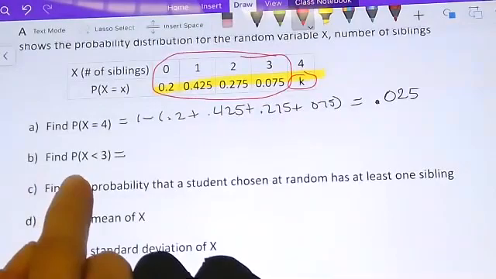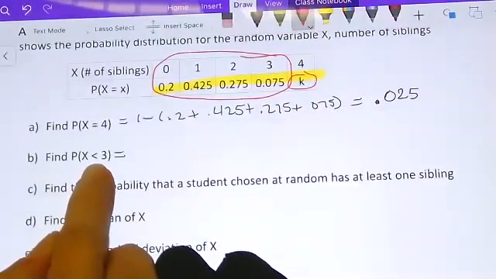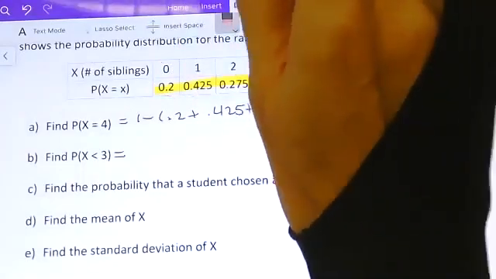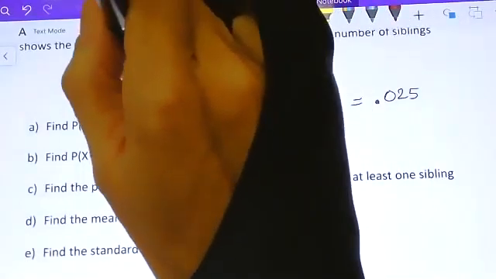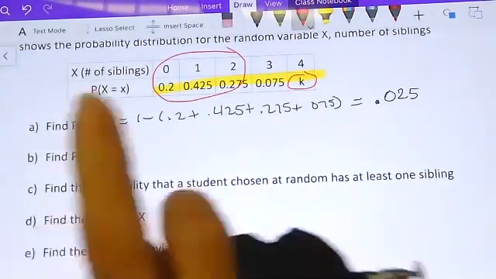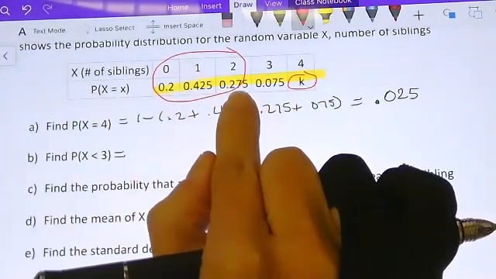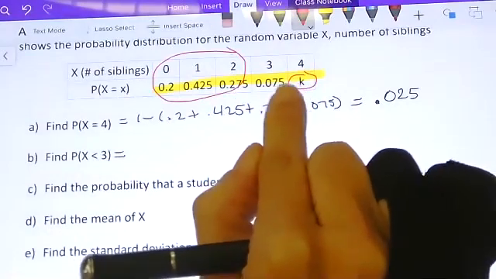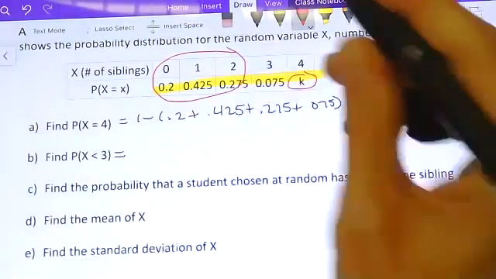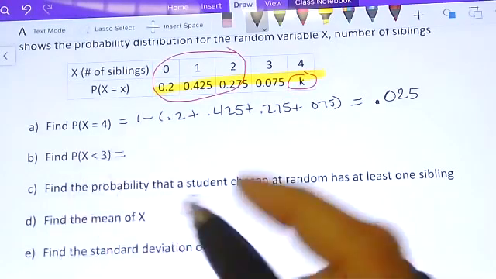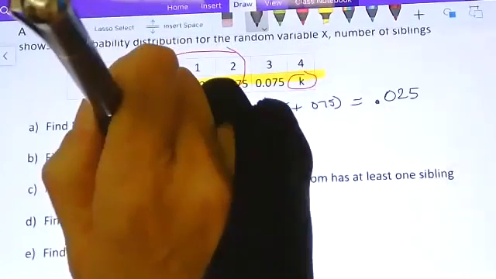Okay, part B. What's the probability that x is less than 3? Oops, I did not do that correctly because 3 is not less than 3. Less than 3 are those three values, 0, 1, and 2. So I need to add up those 3 probabilities. Or you could add those 2 up and subtract from 1. So whichever way you do it, you just need to show me a valid calculation for all the values of x that are less than 3.